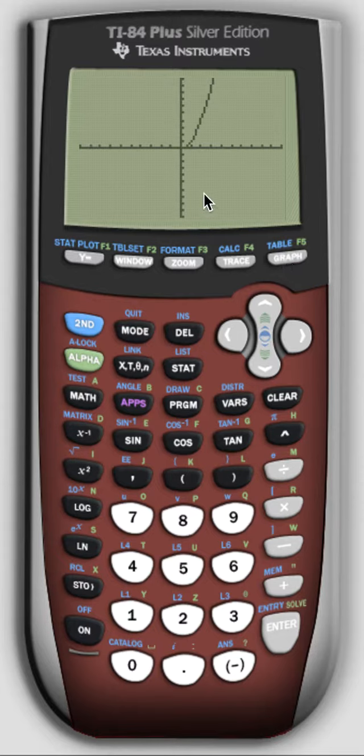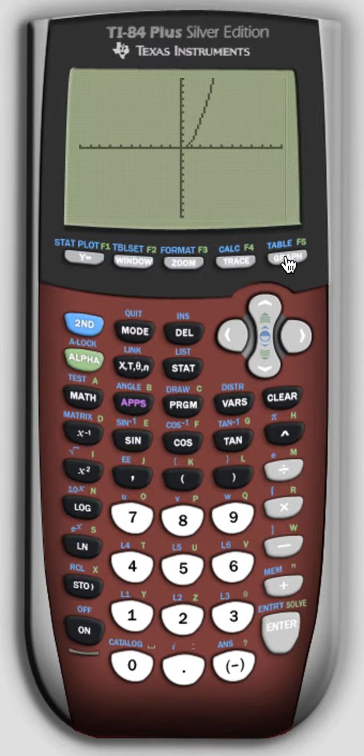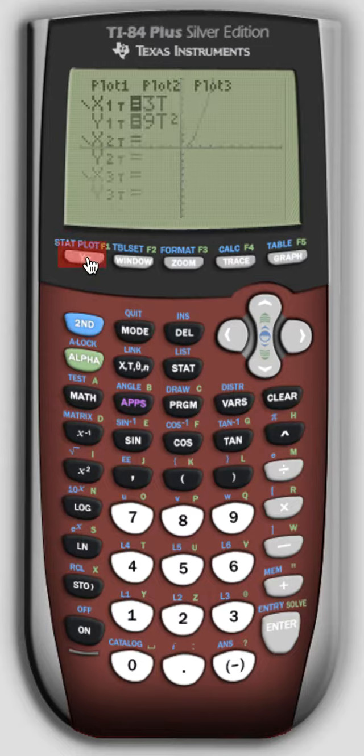Okay, so what happened? Why does it only do half? That's interesting. We can figure that out, though. I'm not sure why it only graphs half of the graph, because if I plug in a negative value for the x equation, I would get a negative value, so I don't know why it's not showing up.